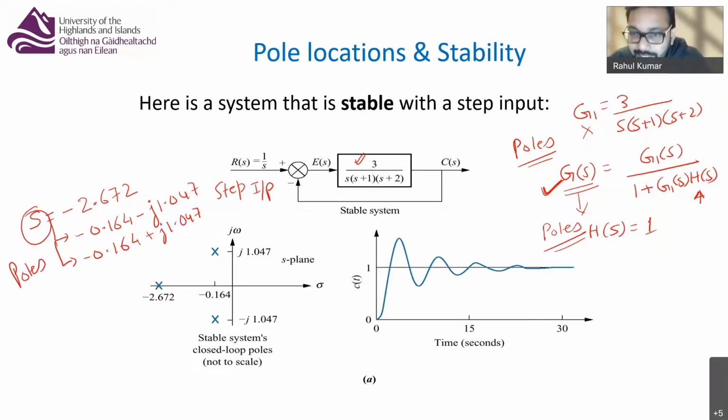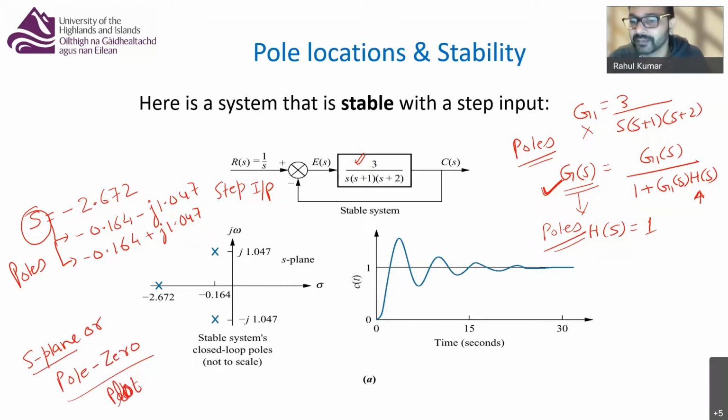If we plot them on an S-plane or a pole zero plot, we use multiple words, S-plane or pole zero plot, but they are essentially the same thing.